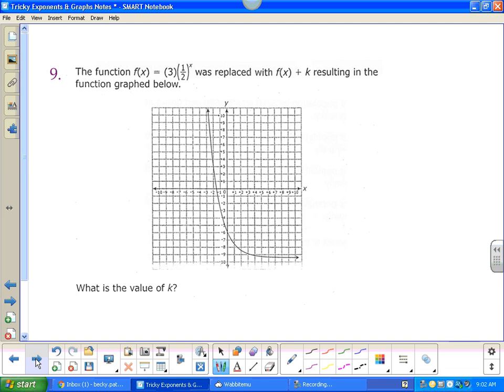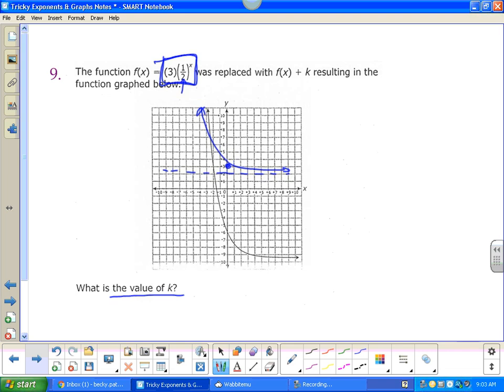Okay, the function is replaced with f of x plus k, resulting in this graph. What is the value of k? Well, let's talk about this guy first. Where would he be? Well, he would start at 3. Asymptote would be 1 below it. And the 1/2 would be decay. So that's him. What has happened to my graph? Well, it's still decay, but it has been shifted.